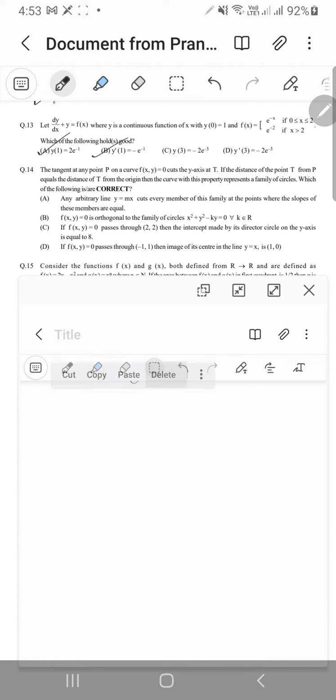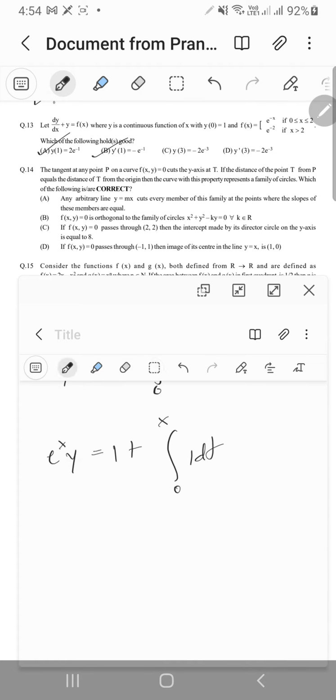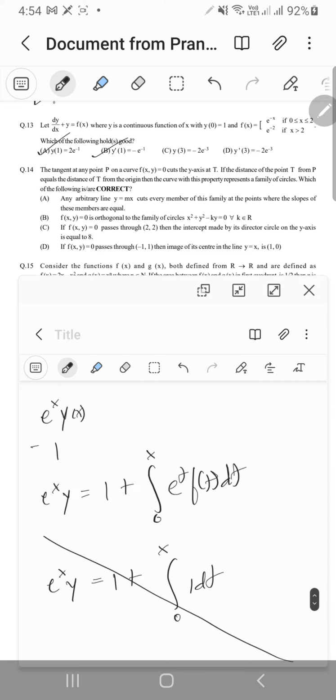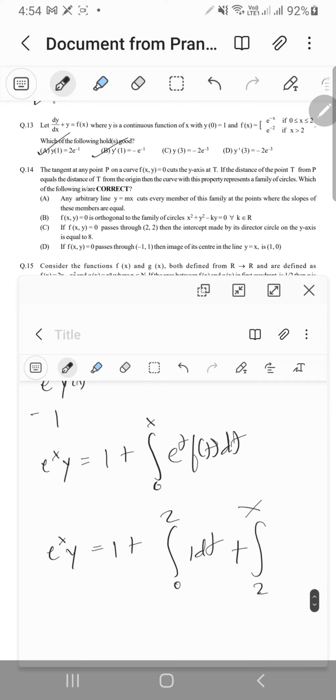Okay, let's delete this. Okay, delete that as well. In fact, no, let's just say that it is 1 plus integration from, sorry, not 1, it's 2, and then it's from 2 to x, and in that case f was e power negative 2, so it's like e power t minus 2 dt.